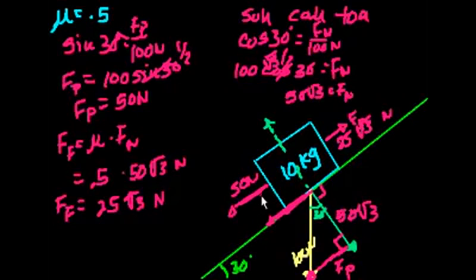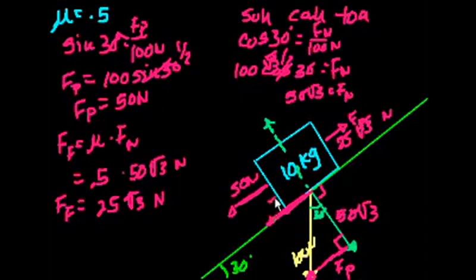So the component of gravity that's going parallel to the surface is going in this direction at 50 newtons, and friction is essentially negating a bit of it in the opposite direction, still parallel, but going up the surface at 25 square roots of 3 newtons. So what is the net force on the object?